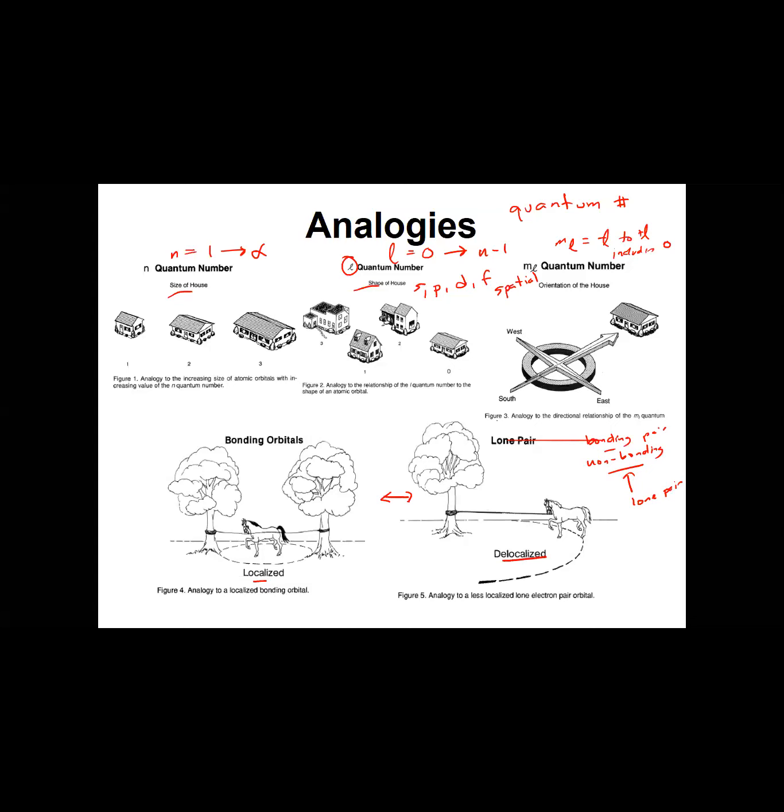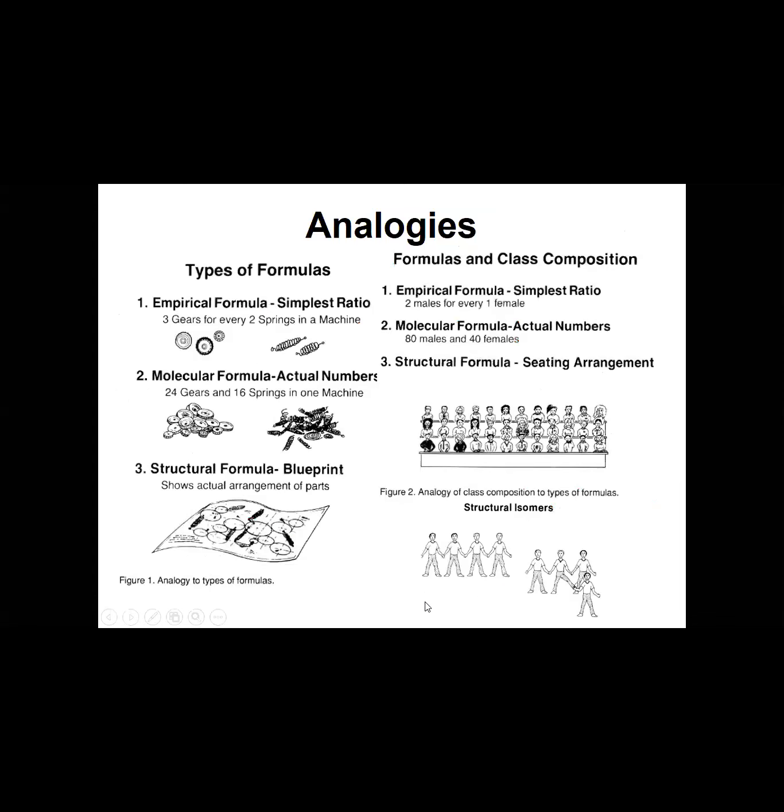They describe your electron there as the horse. In a localized electron, like a bonding pair, that's the only place where the horse is. But in delocalized electrons, your horse can move around, just like what happens to the lone pairs: your electrons can move around. That's the concept being described in this analogy.